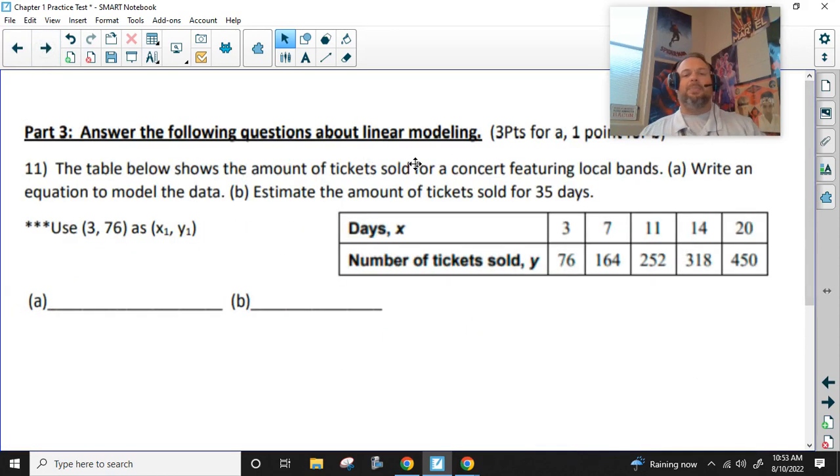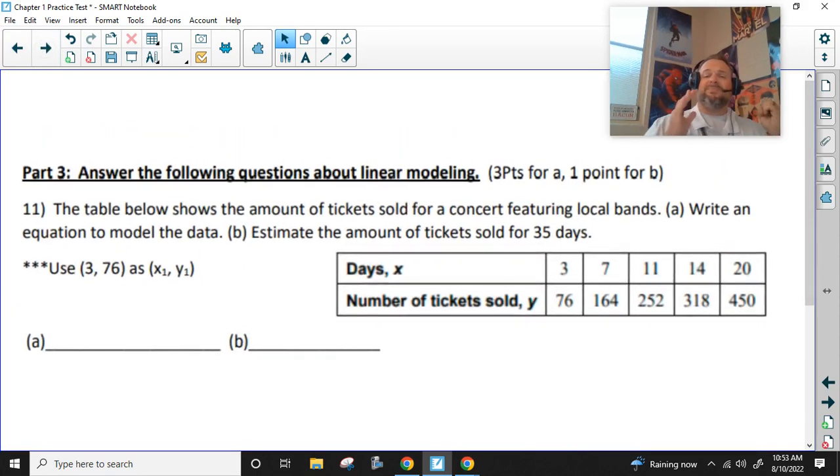All right. Now, for this one, I give you 3 points for actually finding the equation. I give you 1 point for plugging in something for X. I did go ahead and double check on the test. I tell you which 2 points I want you to use. Okay. So I even did one better for that. Now, I did see a lot of this with y'all.